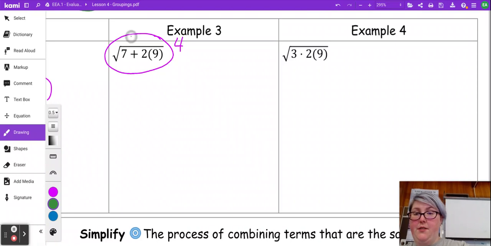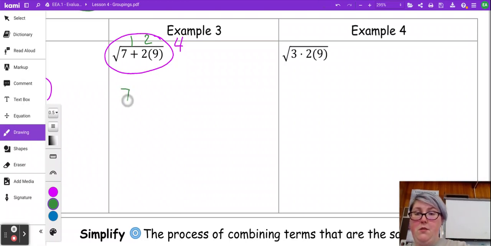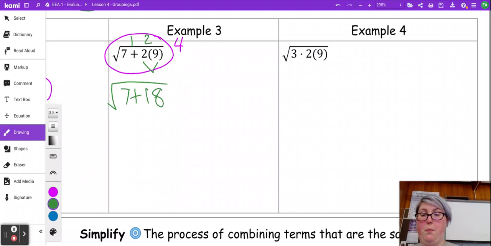Our addition is level 1, and our multiplication is level 2, because remember, when we see 2 parentheses 9 and there's no operation between them, that means multiply. So we are going to carry down 7 plus 2 times 9, which is 18. We're going to make the square root bar.